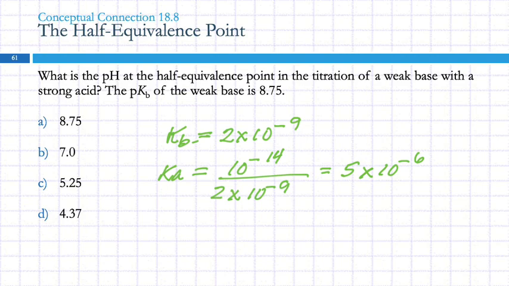I think the reason is because this weak base that we're titrating is super weak, right? It's really more of an acid. The conjugate acid is stronger than the weak base. But that's a good question.